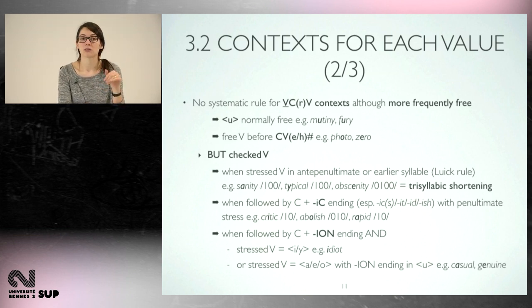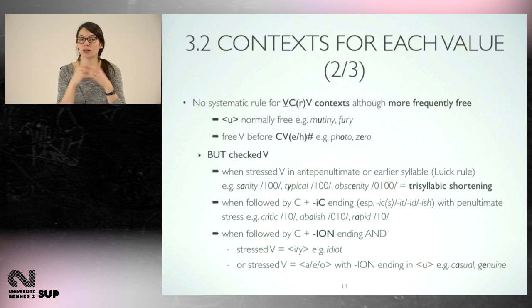So when the stressed vowel is either A, E, or O, and the ian ending starts with U, as is the case in casual, in genuine, then the vowel is short as well, checked as well.